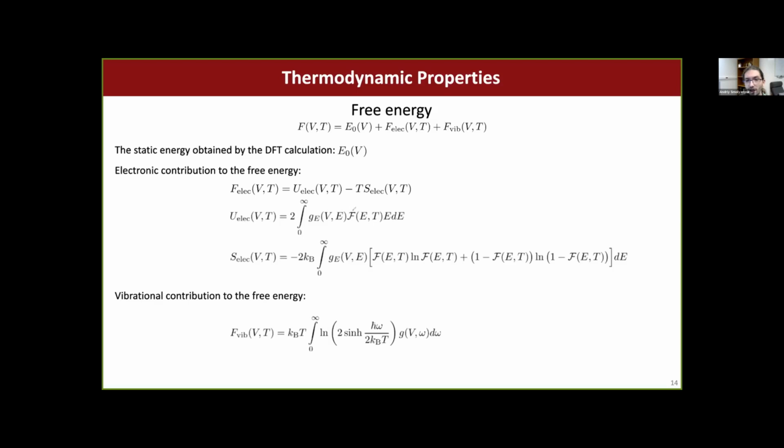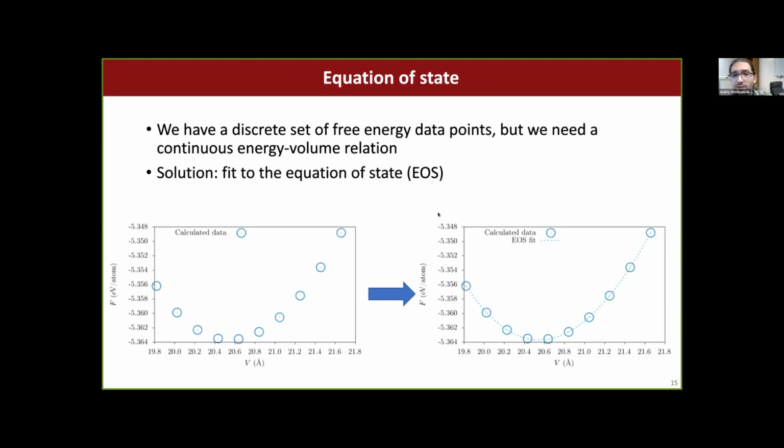And capital F is a Fermi-Dirac function. And vibrational free energy you can get in the way Marco described to you, where you use phonon DOS for that. Once you have this, we have a little problem because we are doing calculations for some finite volumes, and we can only have a discrete set of calculations, especially if you're doing a phonon calculation.